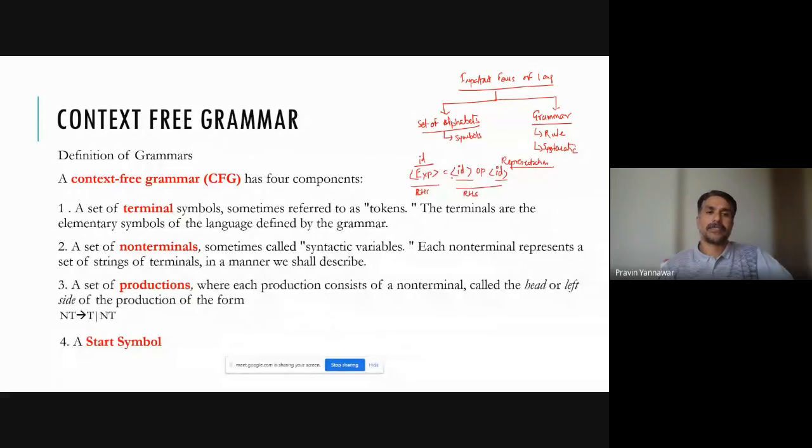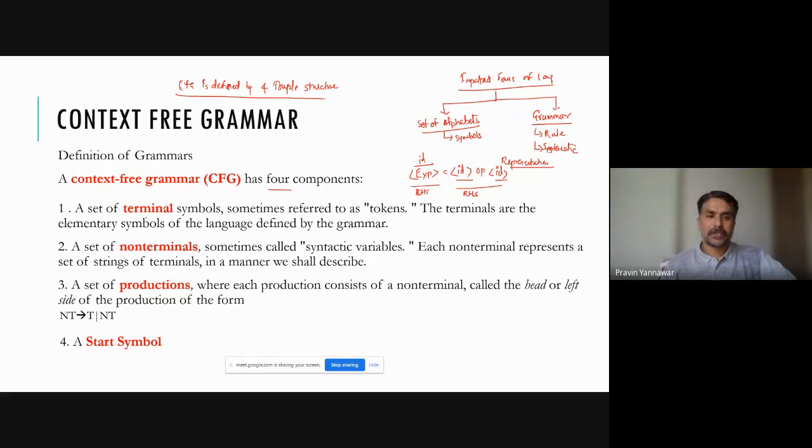Okay, so this context-free grammar has four components. CFG is defined by a four-tuple structure. The way an FA is defined by a 5-tuple structure, your context-free grammar CFG is defined by a 4-tuple structure. Okay, so what is that?